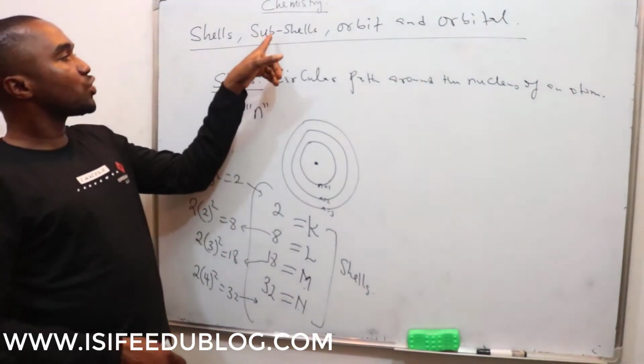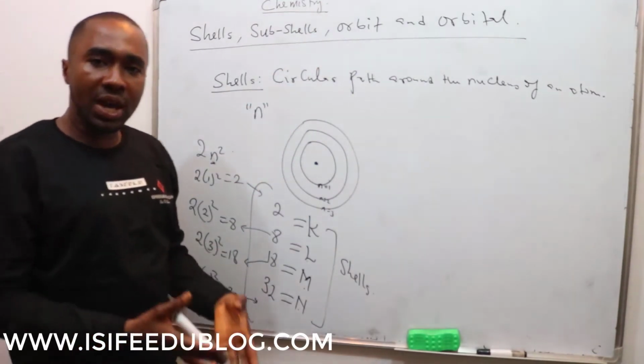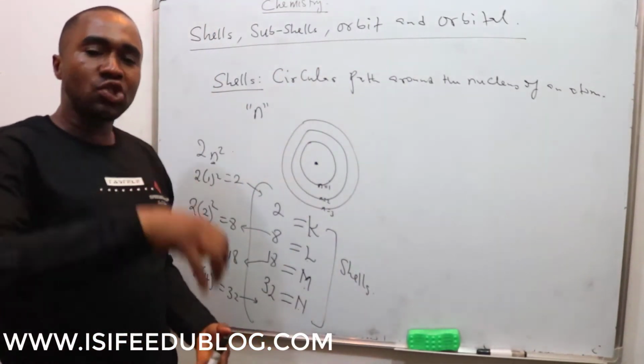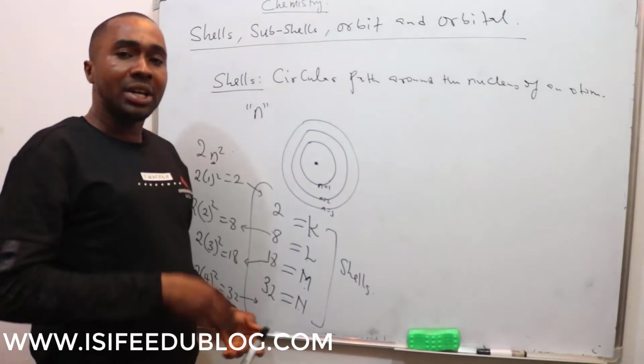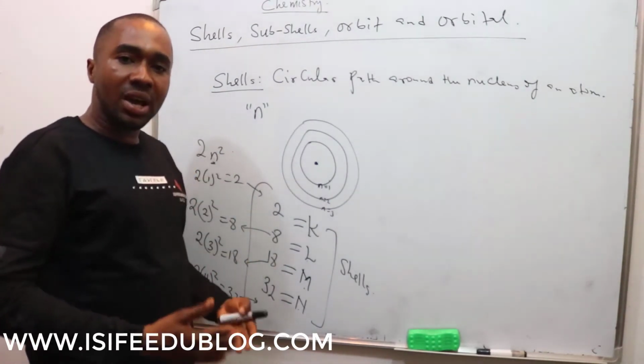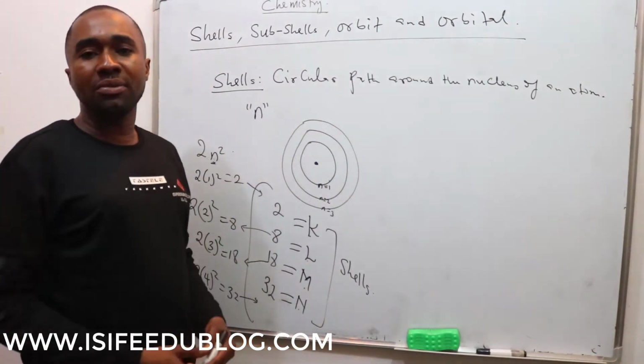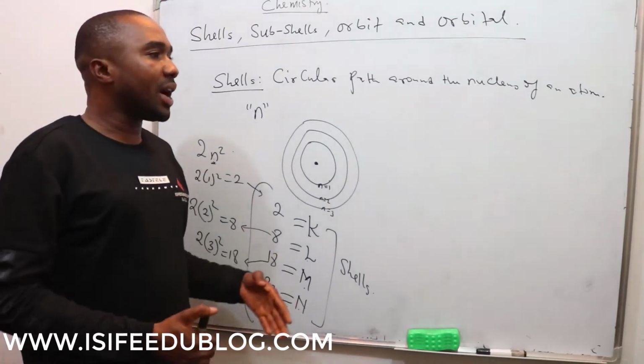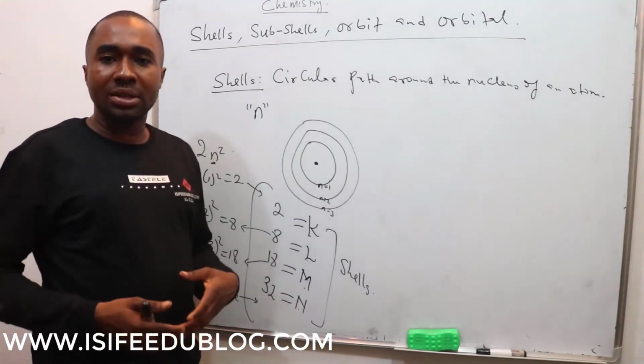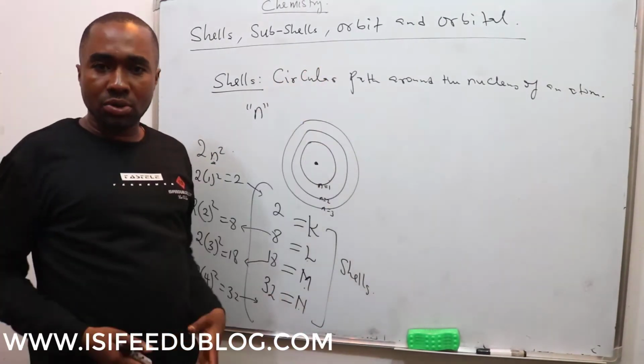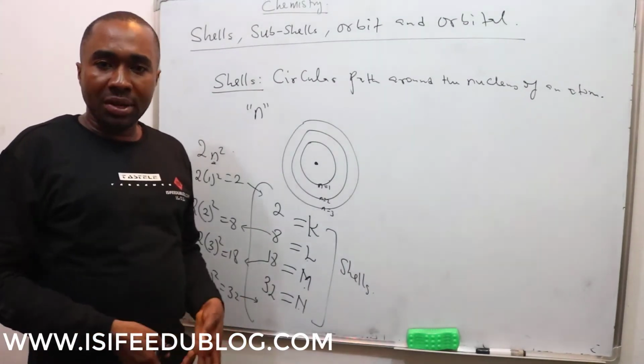Then another thing is subshell. Subshells are the divisions of a shell. If you divide a shell into components, you have the subshell. Like now, if I give you a contract to build a house, you are the contractor.